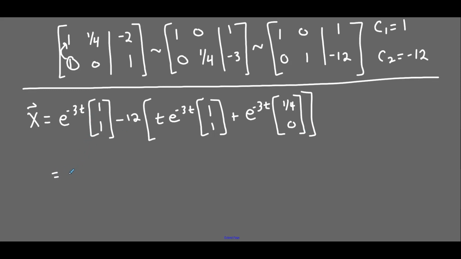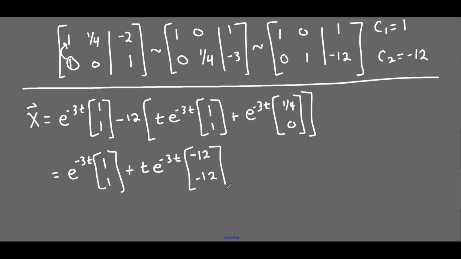So let's just worry about the second part. So let's multiply the negative 12 throughout. So that'll give me negative 12 inside this vector, and then negative 12 times this vector.